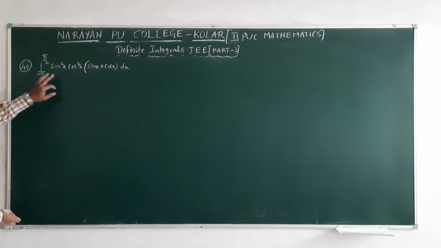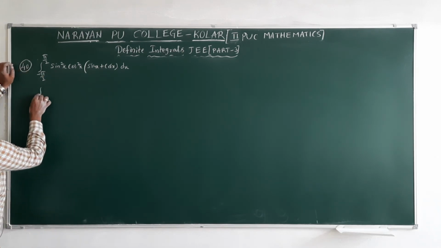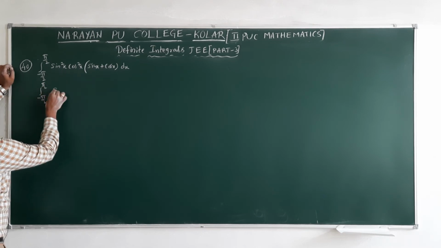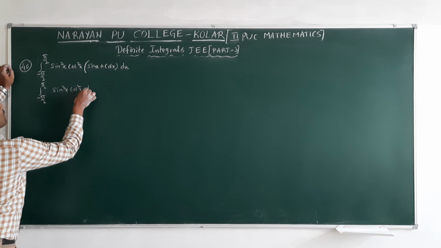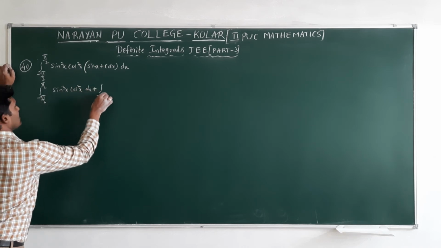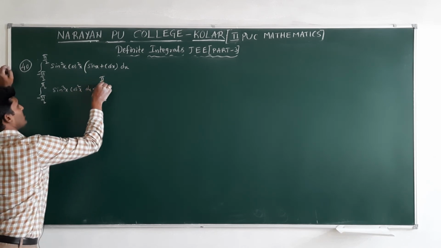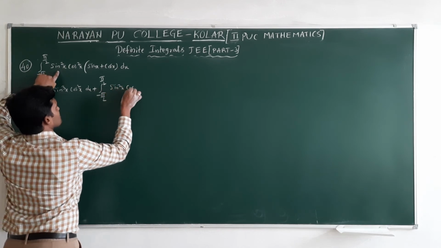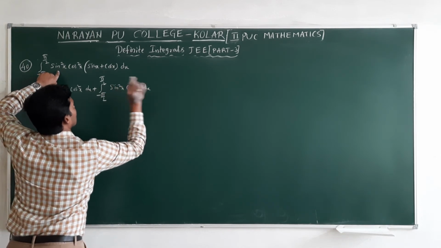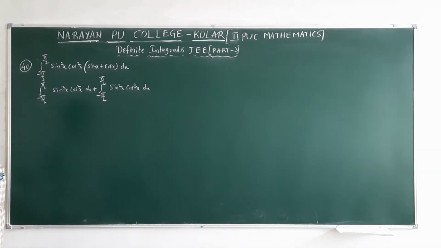Okay, first multiply these two values inside. Integral from minus pi by 2 to pi by 2 of sin square x into sin cube x into cos square x dx plus integral from minus pi by 2 to pi by 2 of sin square x into cos square x into cos x, which is cos cube x dx.